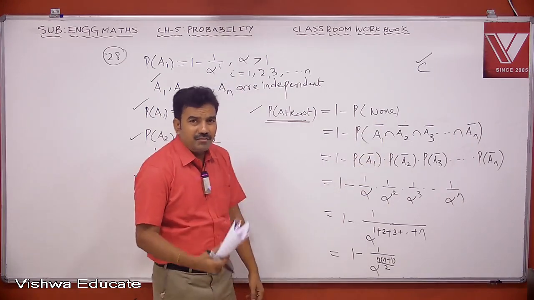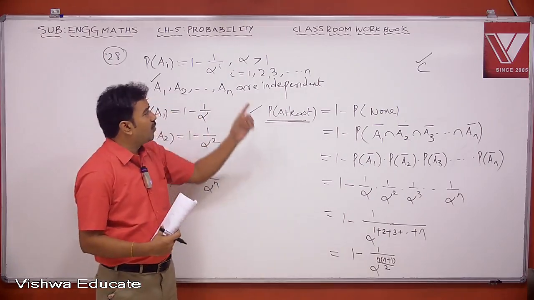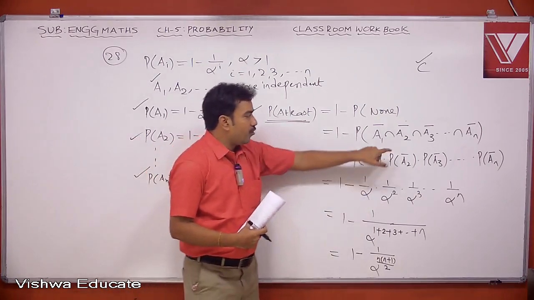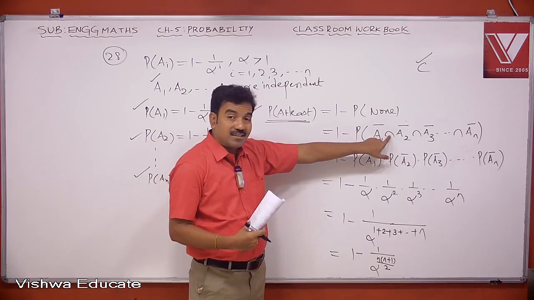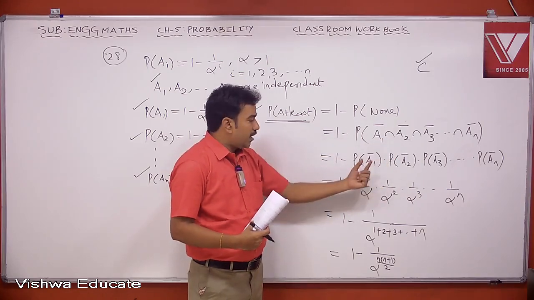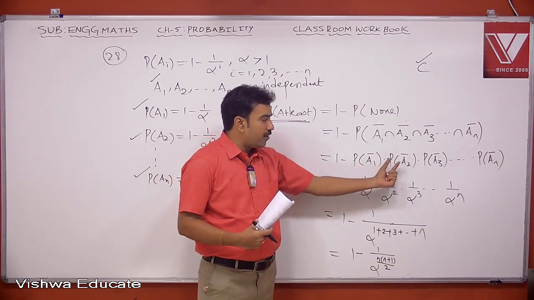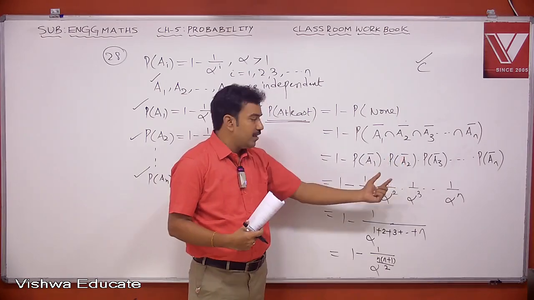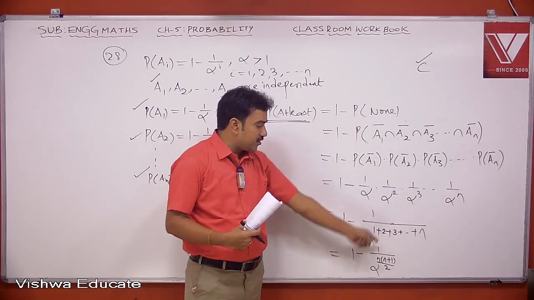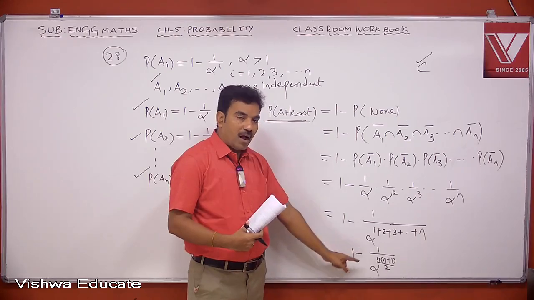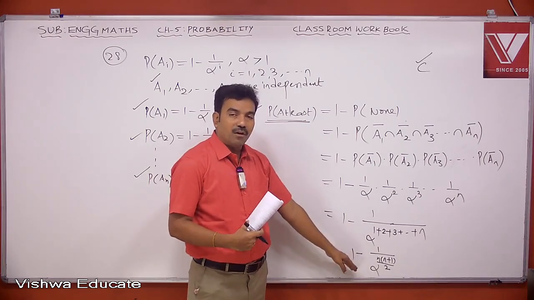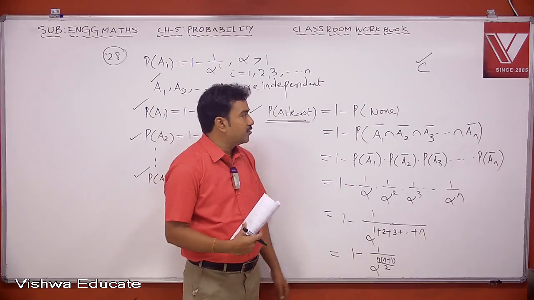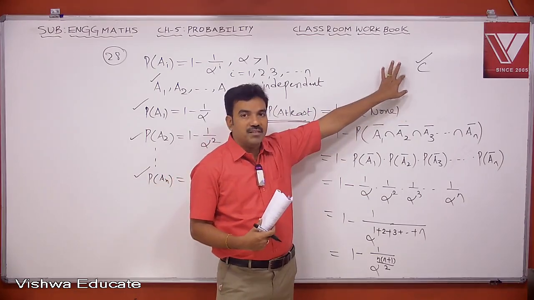If the events are independent, their complements also become independent, therefore the intersection becomes a dot. Now P of A1 bar dot P of A2 bar and so on P of An bar. When you simplify these probabilities, we get 1 minus 1 by alpha power n into n plus 1 by 2. So option C is the right answer.